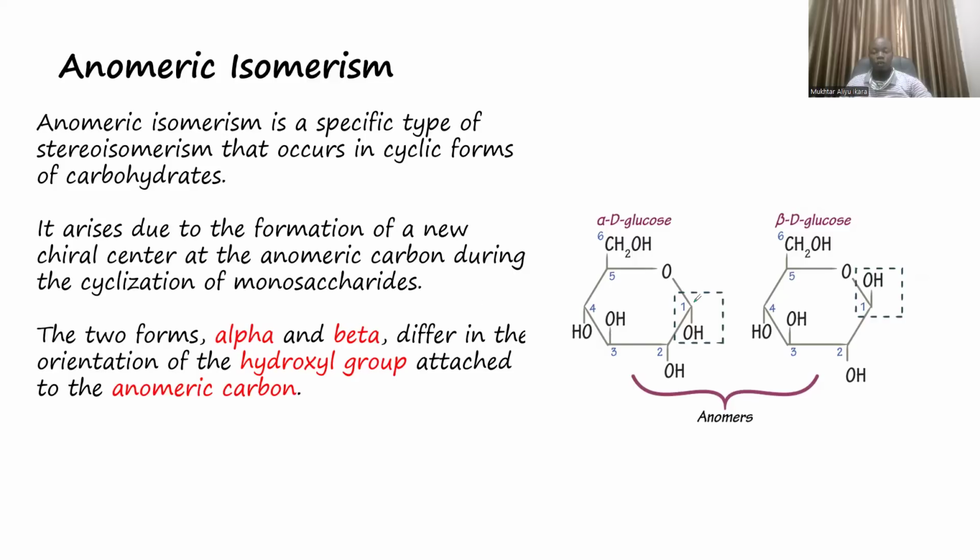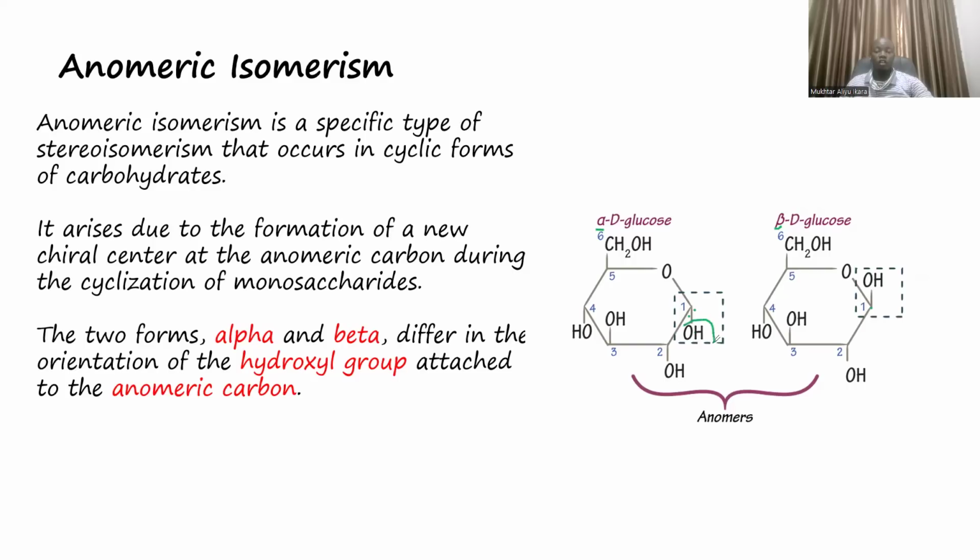This carbon number 1 here is called the anomeric carbon. You see, we have alpha-D-glucose and beta-D-glucose. What makes alpha and beta different is the orientation of the OH group.